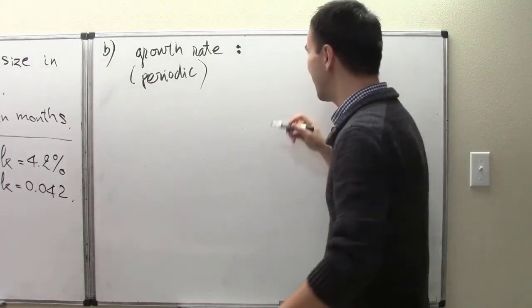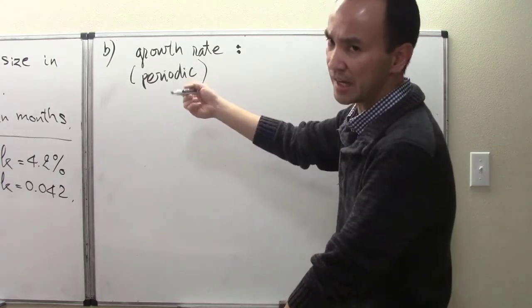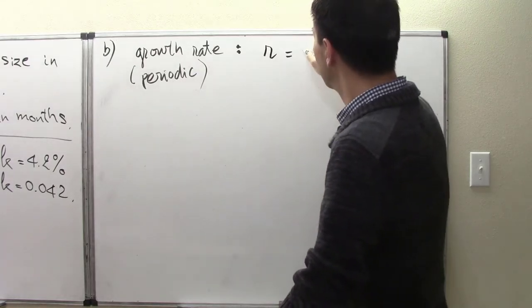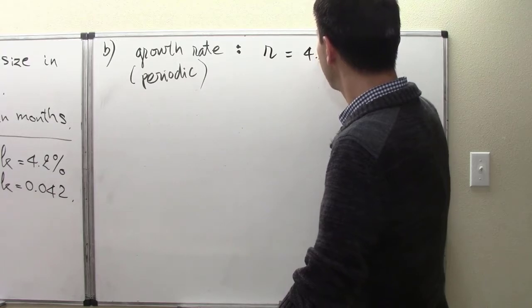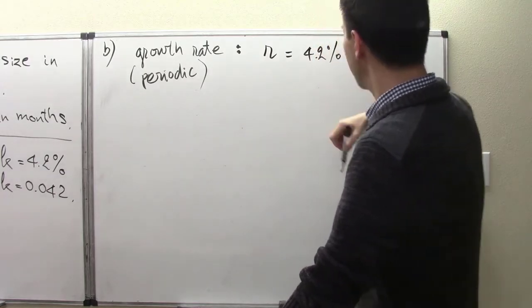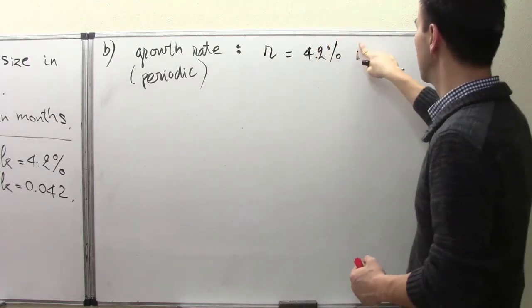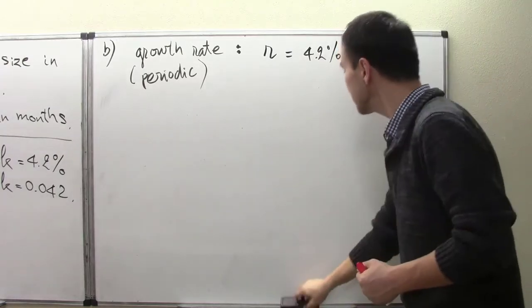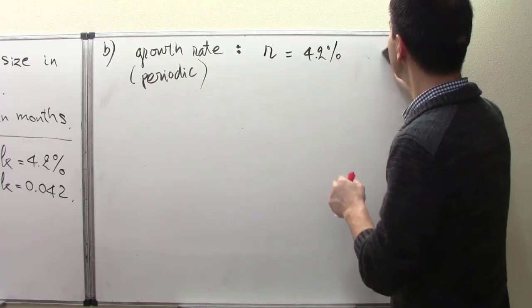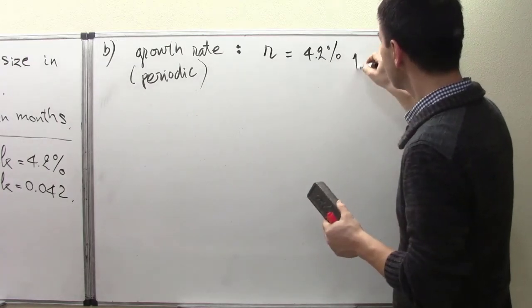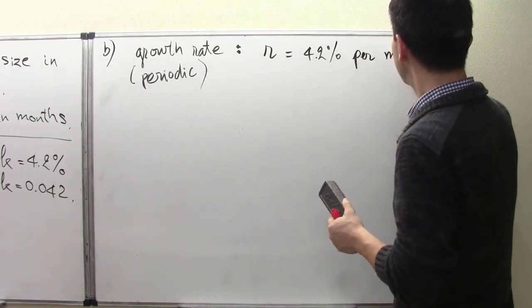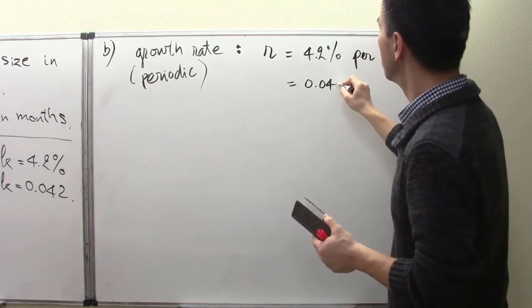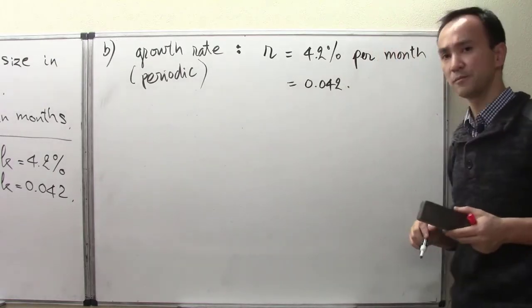Now I can't use k, I have to use r. So r equals 4.2% per month, and this is the same as 0.042 per month.